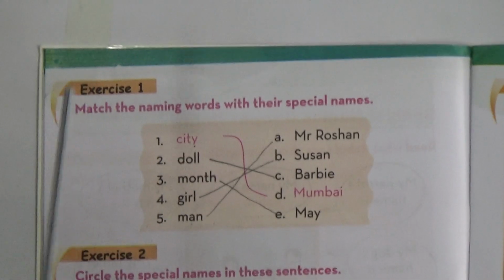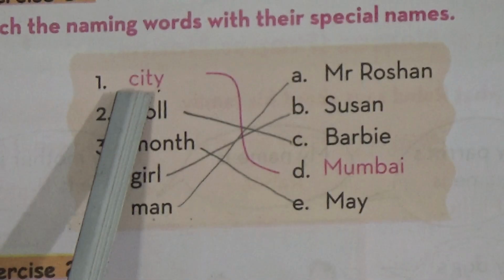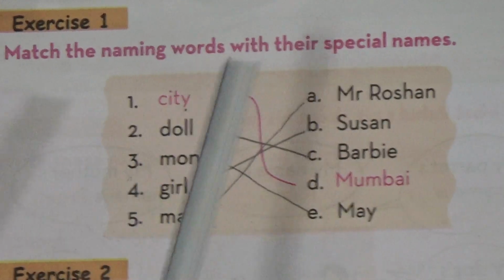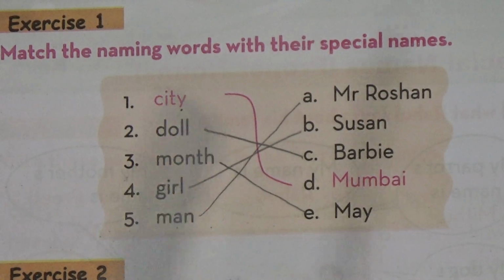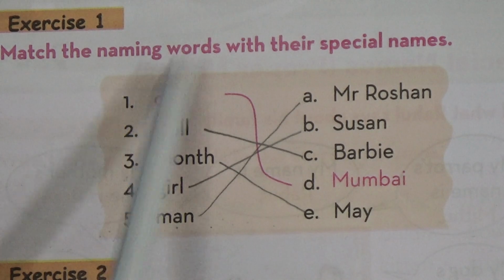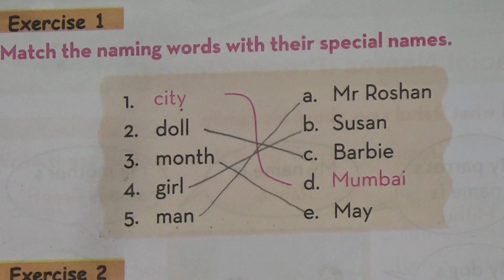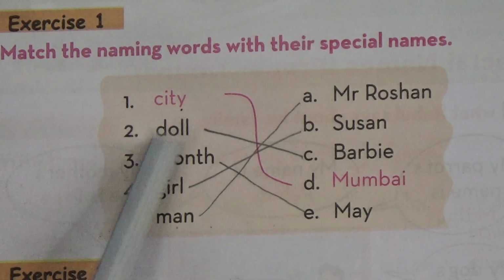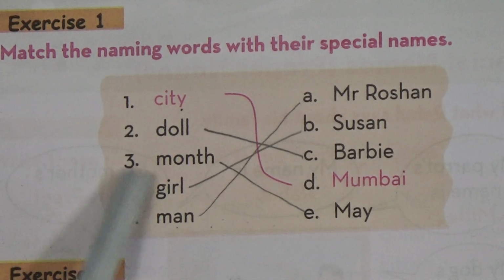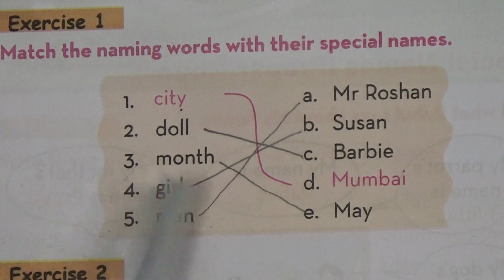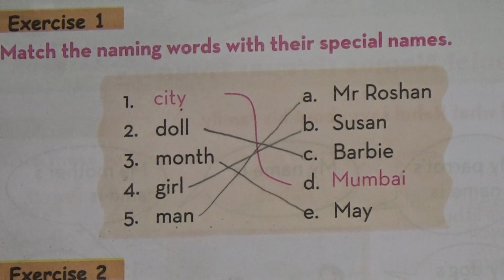Dear students, if you follow exercise 1, then in this row, city, doll, month, girl, man, all these are common nouns because they do not indicate anything special. City, all the cities; doll, any doll; month, any month of the 12; girl, it may be any girl, like you; man, maybe any man, like me.